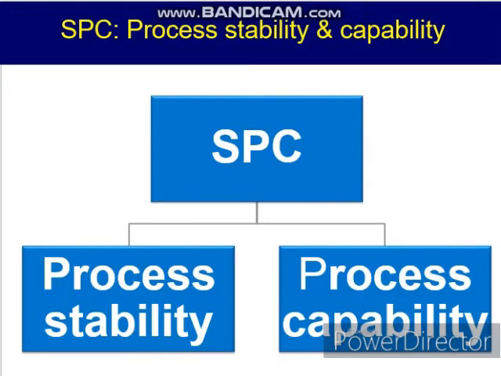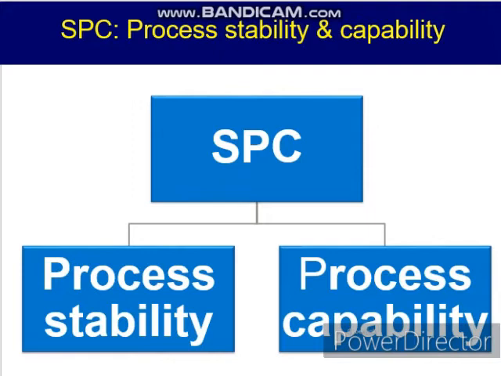So let's focus on SPC now, statistical process control. If you remember, when we defined what SPC is all about, SPC is an analytical tool for us to make decisions on whether the process is in control or not. What does it mean? It means that using SPC, you can do two things.